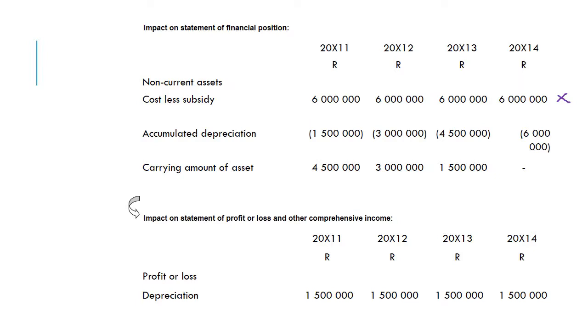Then we have our accumulated depreciation over the year, and the carrying amount is what you would disclose on your SFP. Then in our statement of profit and loss, we only have one depreciation and only one amount that was affected in profit and loss.